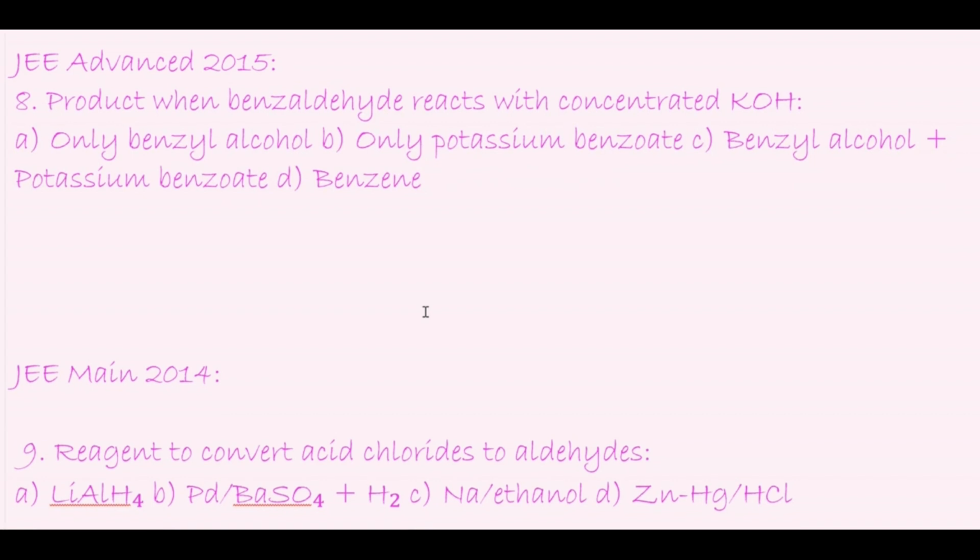Product when benzaldehyde reacts with concentrated KOH. Critical product, benzaldehyde reacts with concentrated KOH. So what is this reaction? This is not having any alpha hydrogen, so that is the Cannizzaro reaction, right?